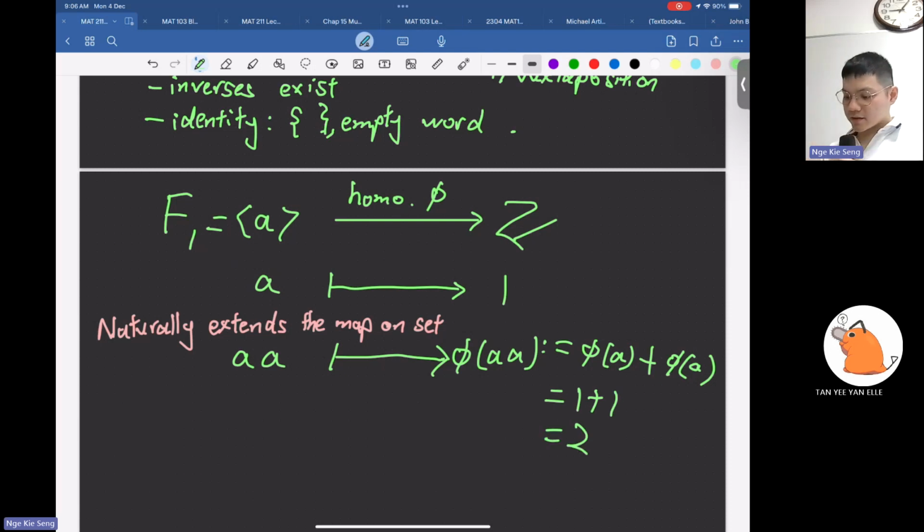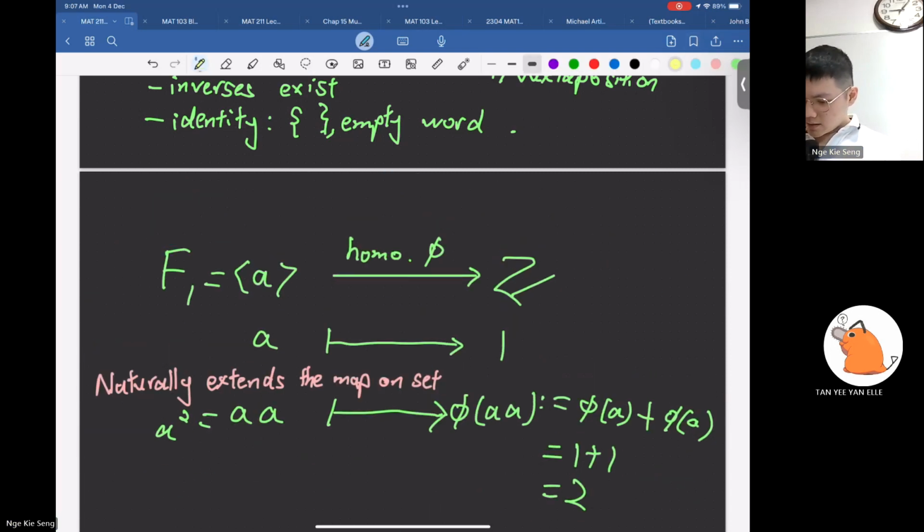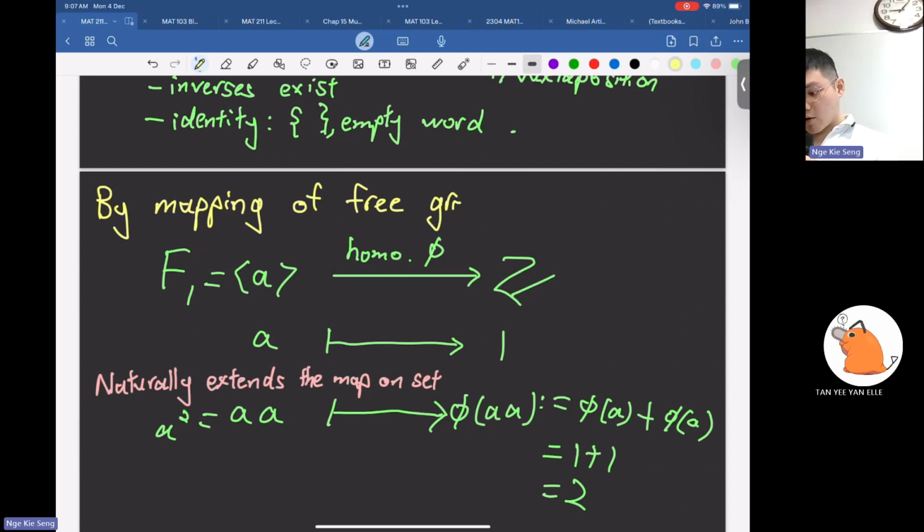So A squared is going to 2. This is what the mapping property of free groups tells you. There's no checking of homomorphism that you need to do. It naturally extends if you define it on generators.